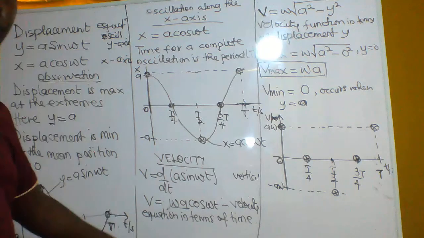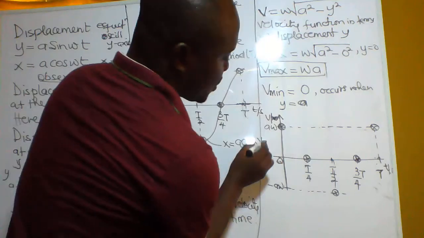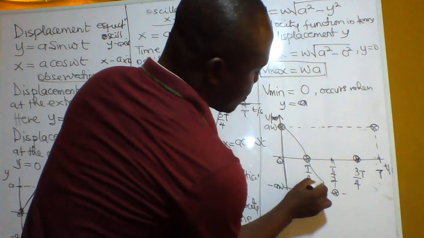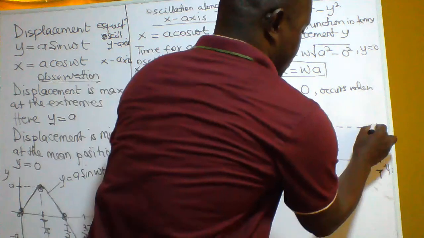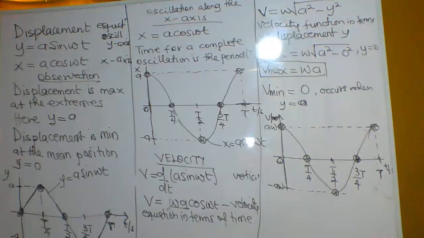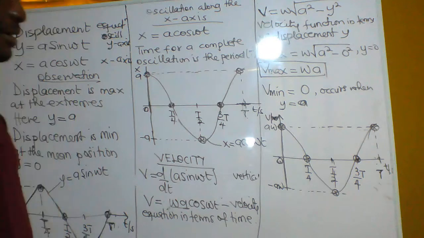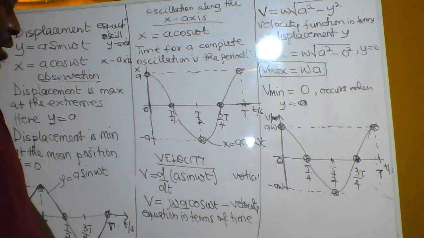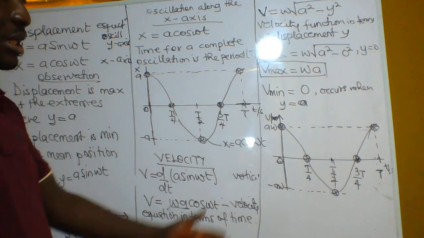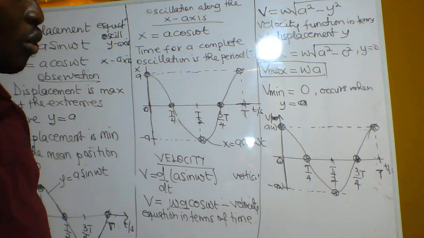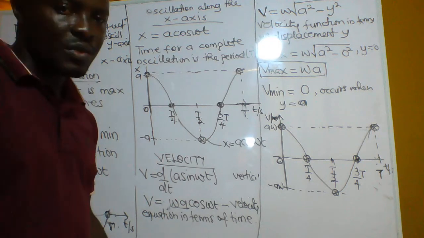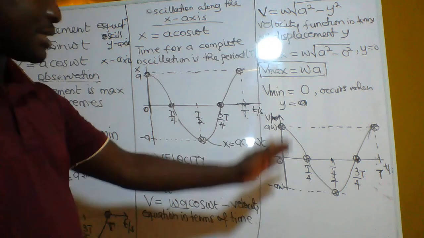So when we join the points, this is what we have. This is the velocity function, the oscillation along the y-axis.